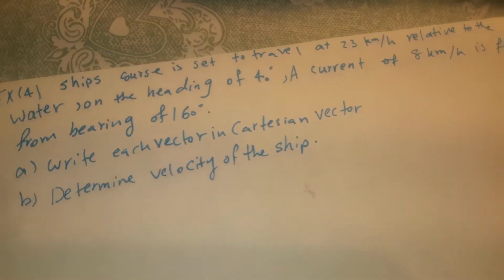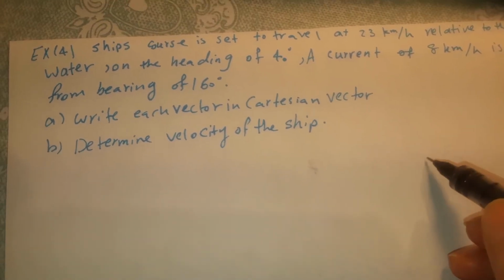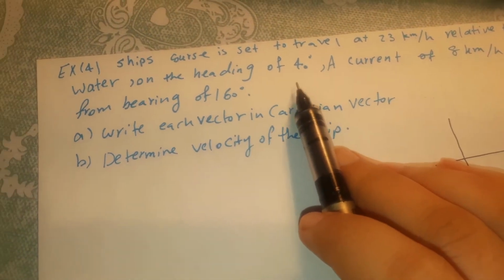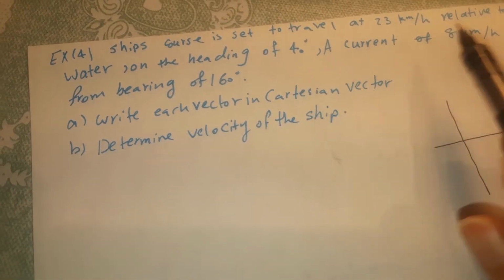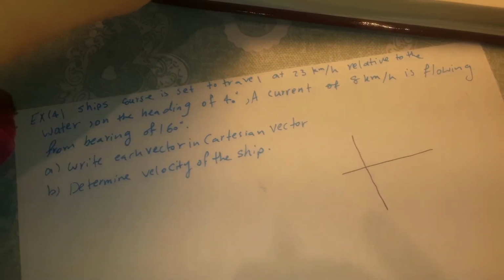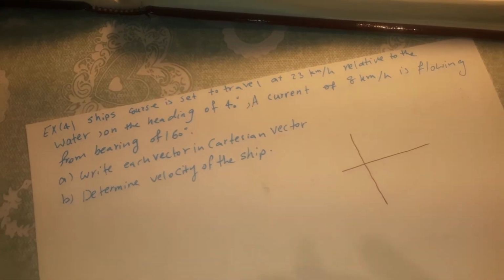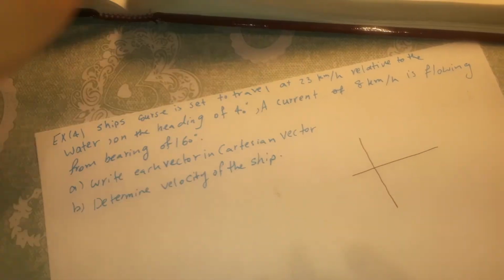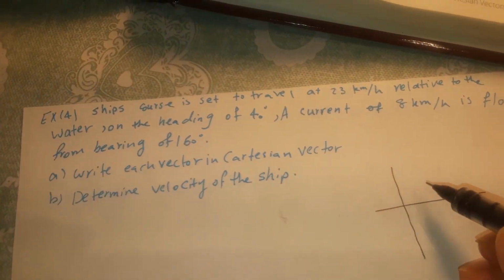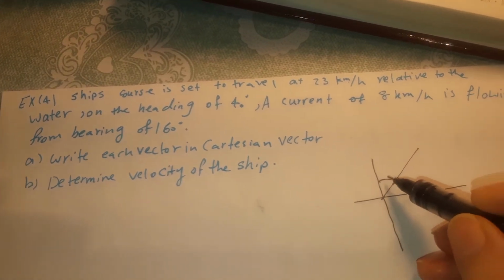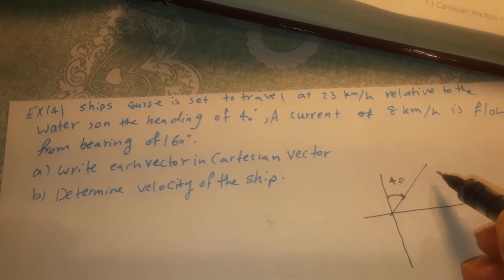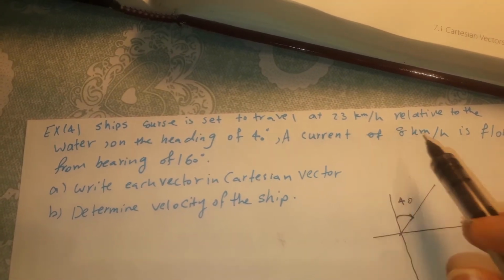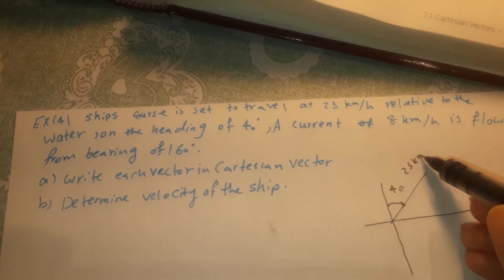They help each other. So if I want to do the ship first, it says heading of 40 degrees. So this is the bearing of 40, right? Bearing means you start from the north, and the speed is 23. So the course the ship travels is 23 kilometers per hour.